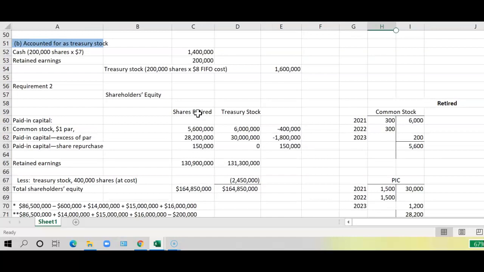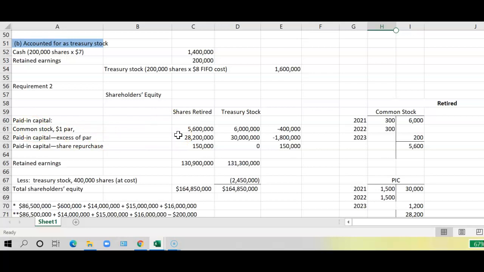The beginning balance is $6 million. The debits to common stock when the company reacquired their shares in 2021 was $300,000 based on the journal entries. In 2022, there was another $300,000 debit to common stock. And in 2023, they resold some of their reacquired stock, and that was a credit of $200,000. So the actual balance of common stock in the shares retirement account would be $5.6 million.